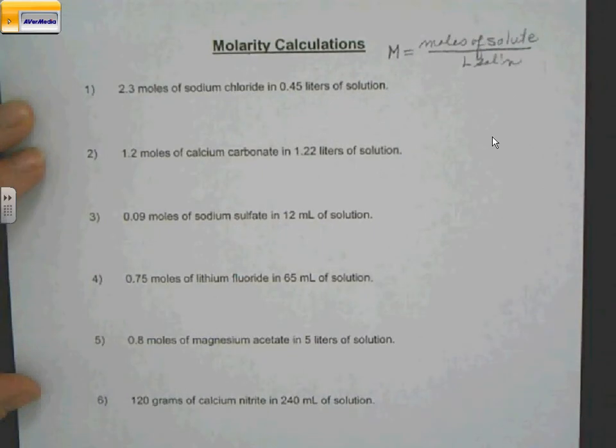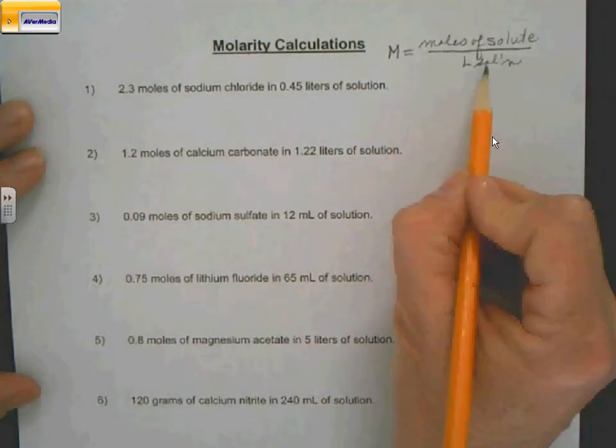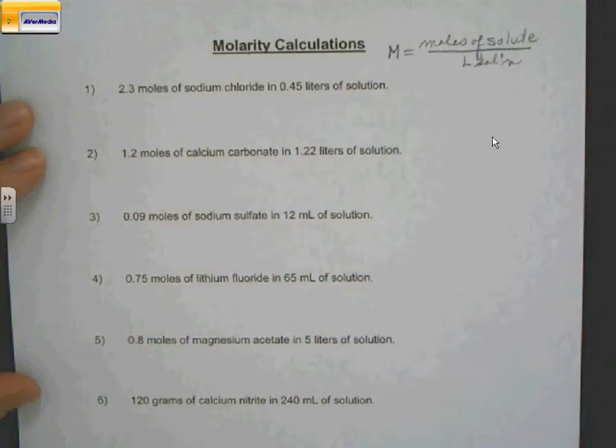We have 2.3 moles of sodium chloride, and the solution is only 0.45 liters. It says an L, and it says SOL with the apostrophe N. You can just put an L if you want to. I just put liter solution because I was taught like that a long time ago. I don't like to change so easily.